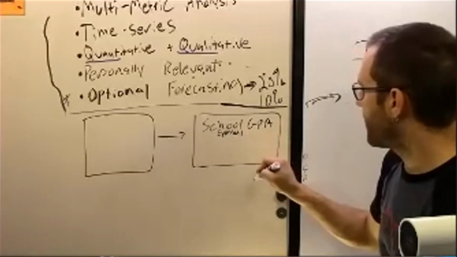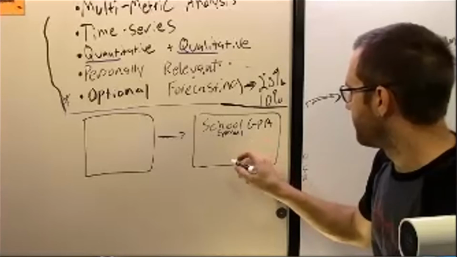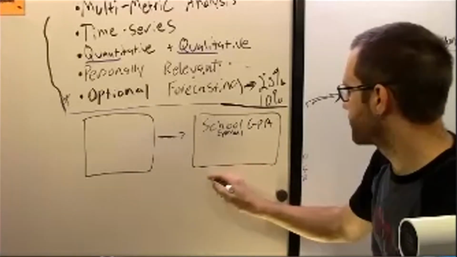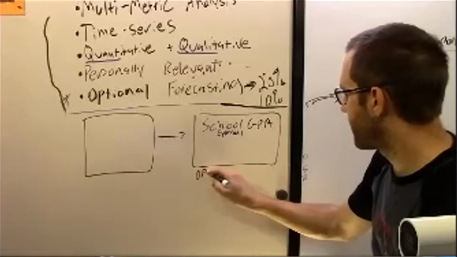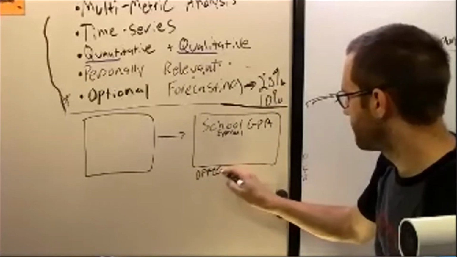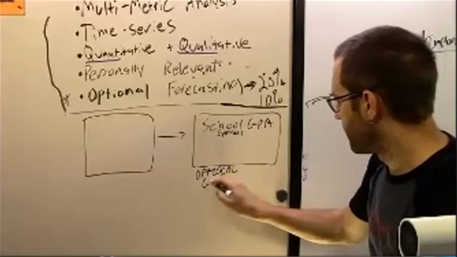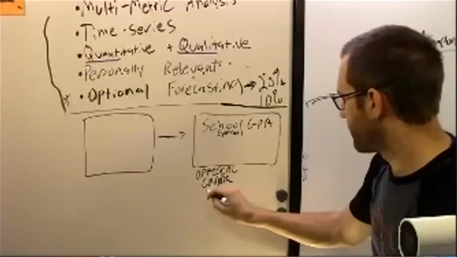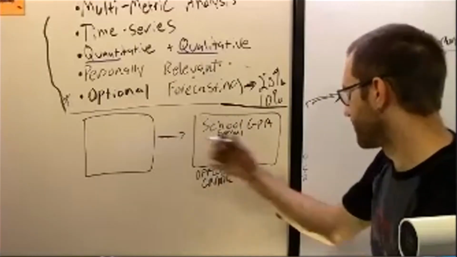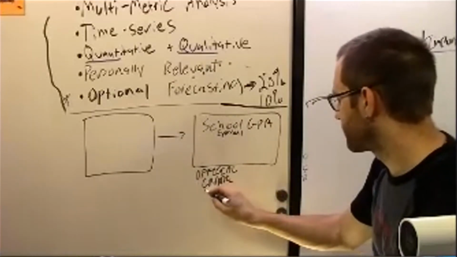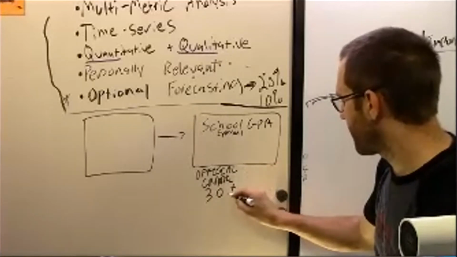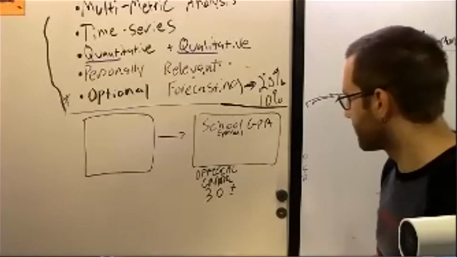So what you might have is the official value, an official grade. Maybe you got a B, and then you might find that you have some sort of an adjustment that you add onto it.